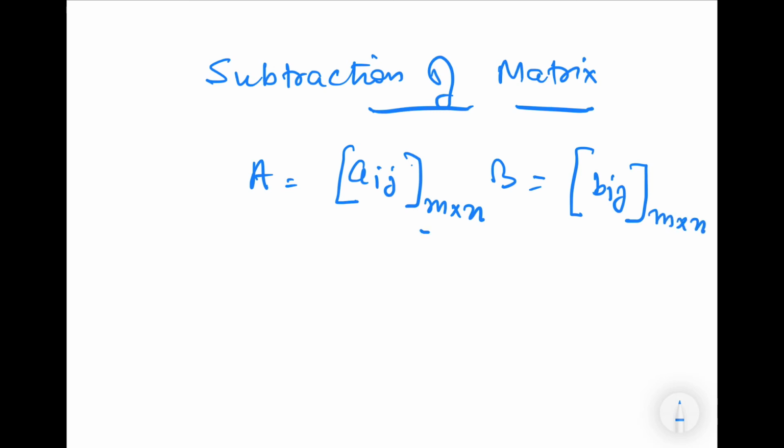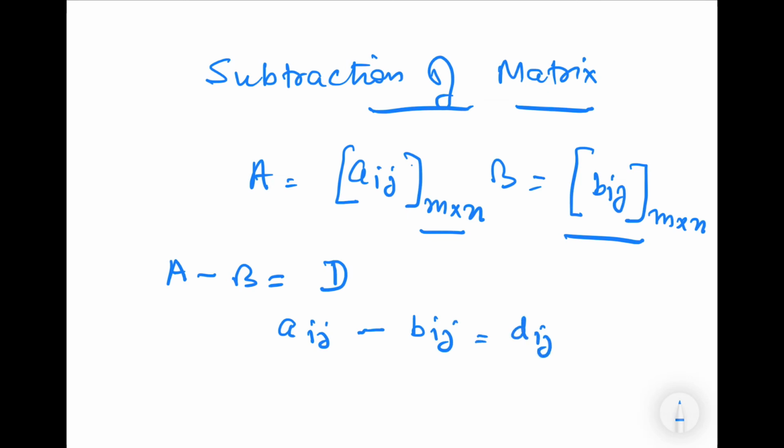For subtraction also, the order of the two matrices should be the same. So, then A minus B will be equal to D if Aij minus Bij is equal to Dij.